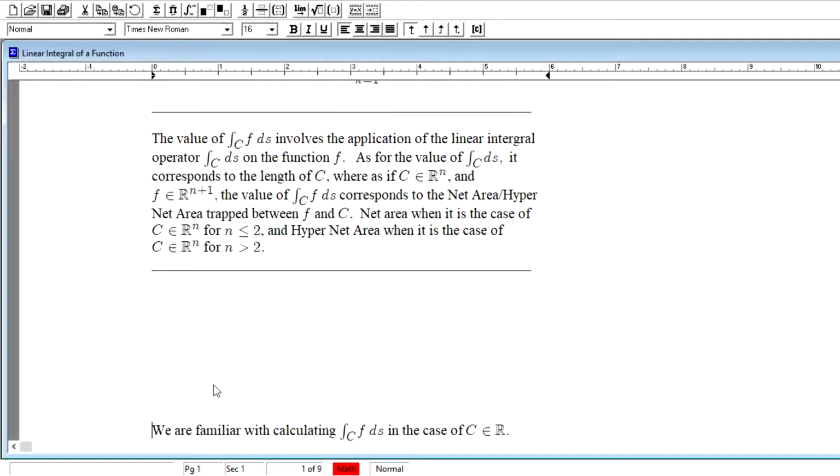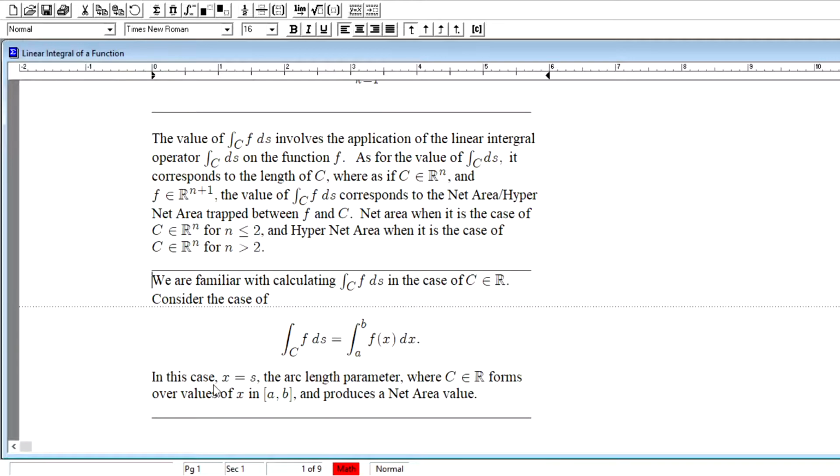If we look at an example, we are familiar with calculating this integral over C of f ds. In the case of C being contained in one-dimensional space, we can consider that this case given here being equal to this integration given here. Whereas C is contained in one-dimensional space, our function f is in one dimension larger than that.